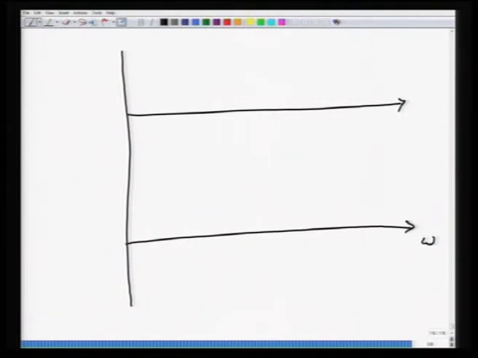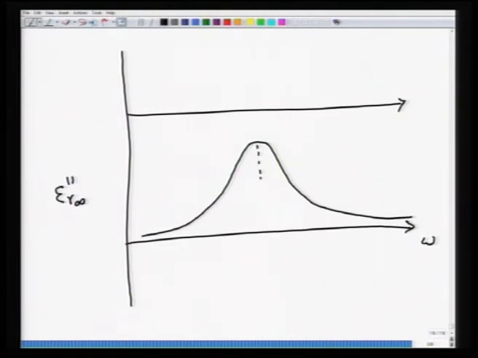For the sake of simplicity, we will first plot epsilon r double prime. So epsilon r double prime goes like this, with the peak happening at a characteristic frequency of resonance, and this would be omega naught.